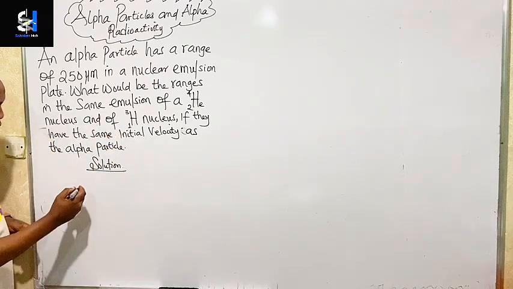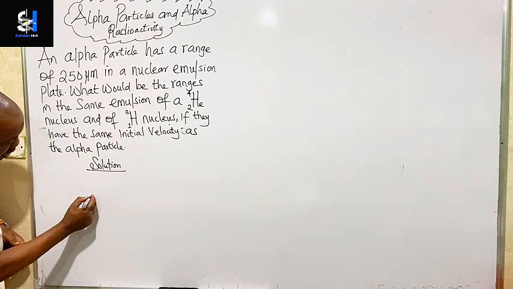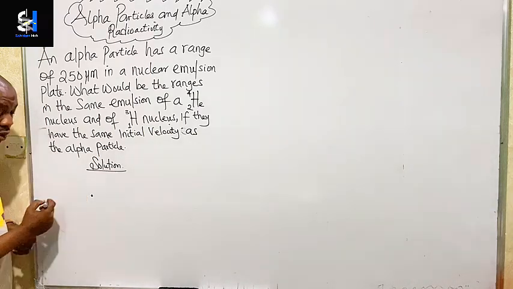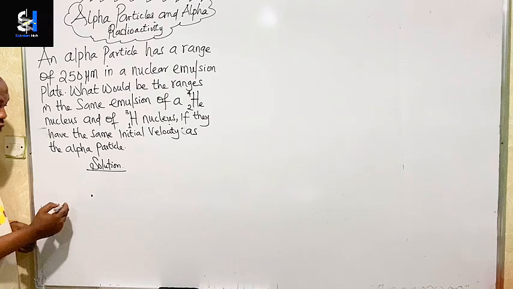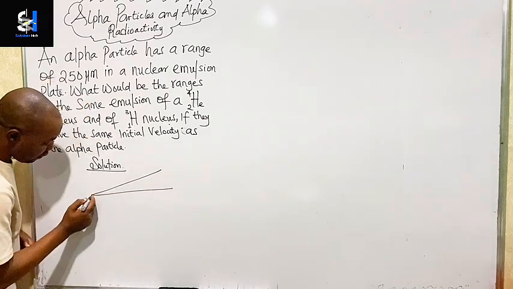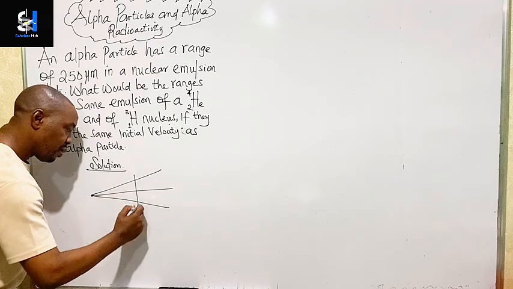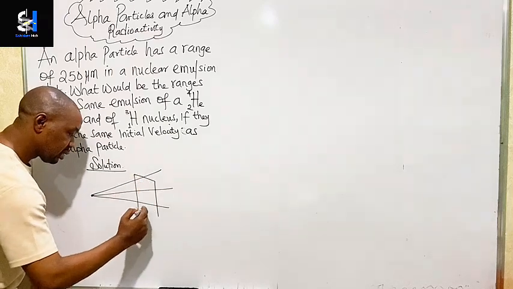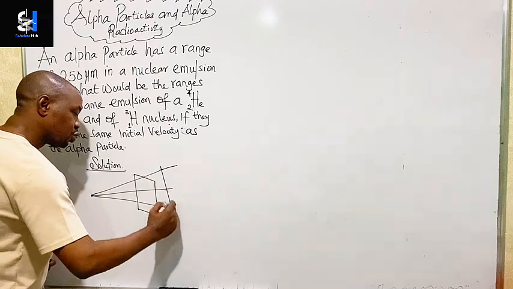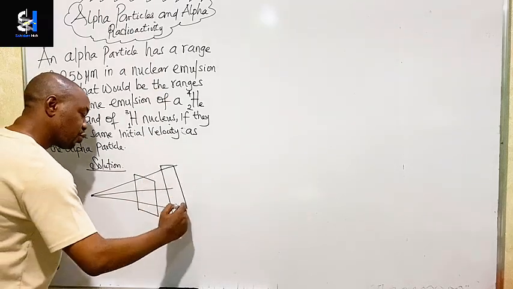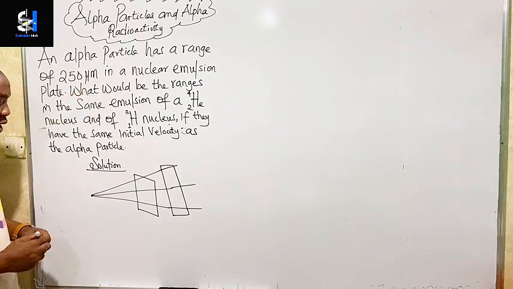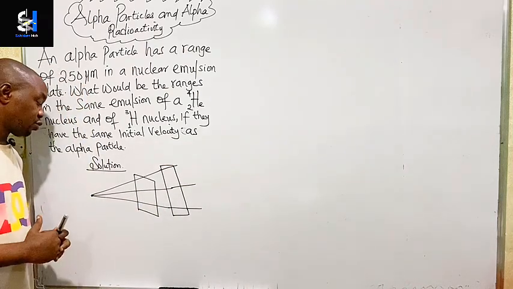What I'm saying is, let's say this is the point source emitting ionization of alpha particles, and we have the emulsion plates placed along the path of the alpha particle radiation.